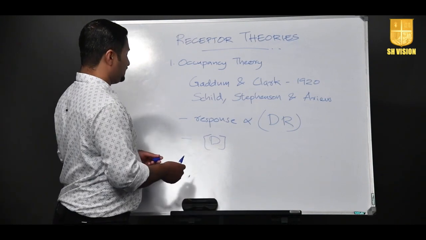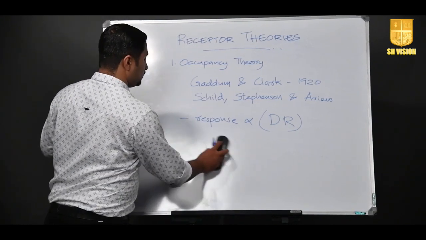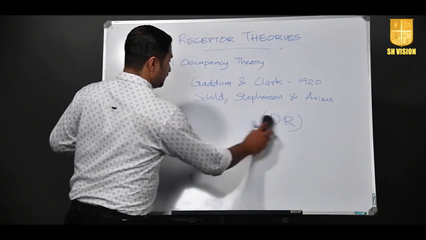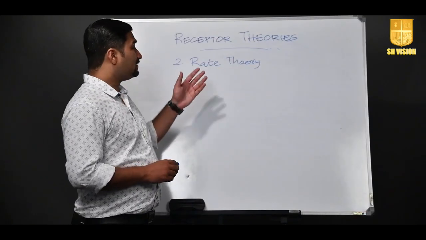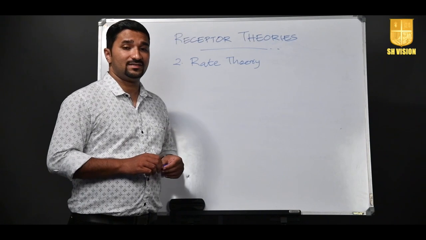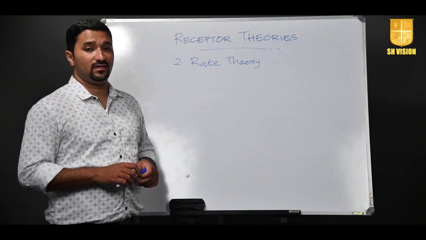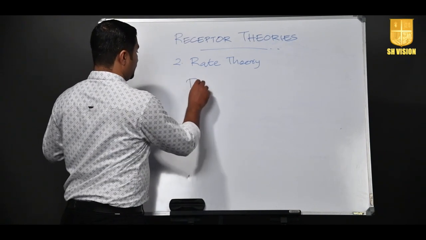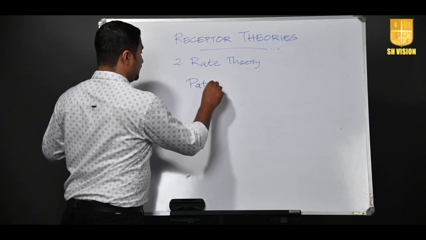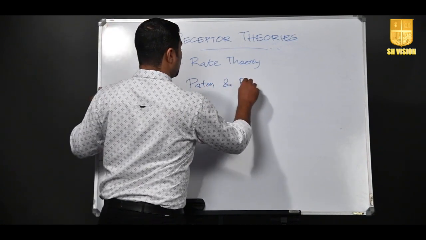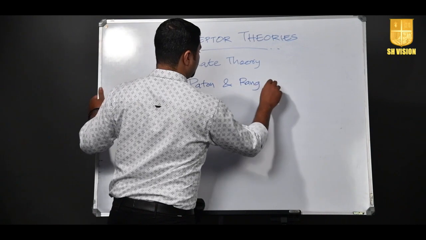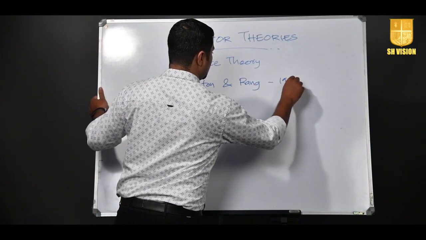Now we are going to the next theory, which is called the rate theory. The rate theory was put forward by scientists Paton and Rang in the year 1965.